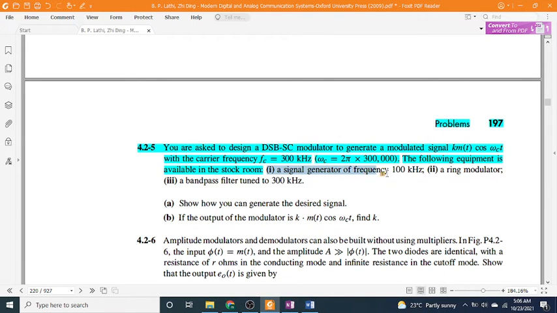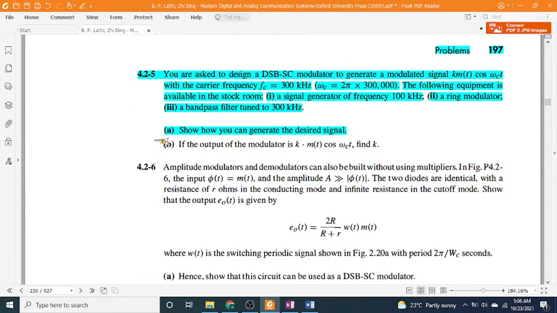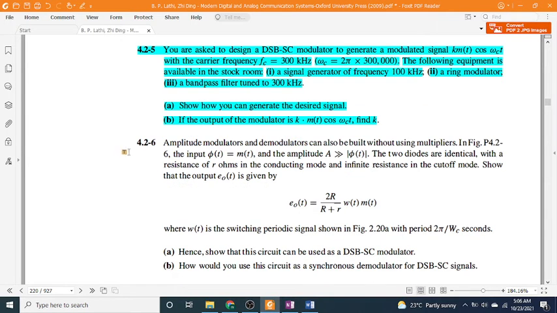A signal generator of frequency 100 kHz. 2. A ring modulator. 3. A bandpass filter tuned to 300 kHz. A. Show how you can generate the desired signal. B. If the output of the modulator is Km(t) cos ωct, find K.